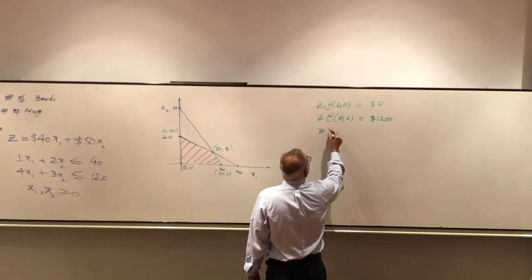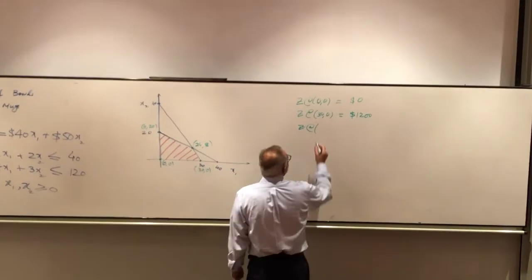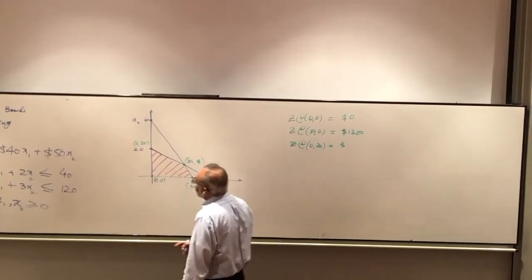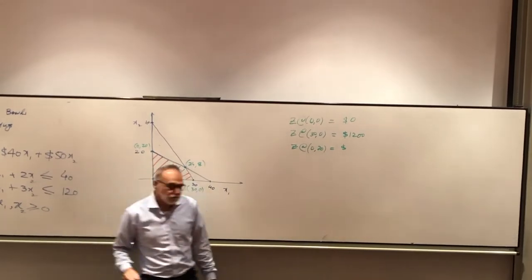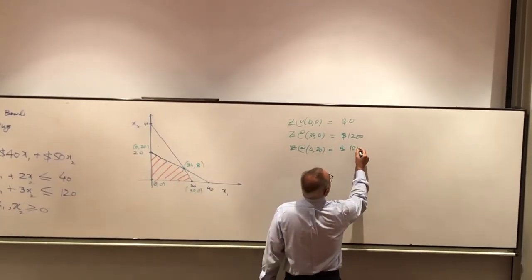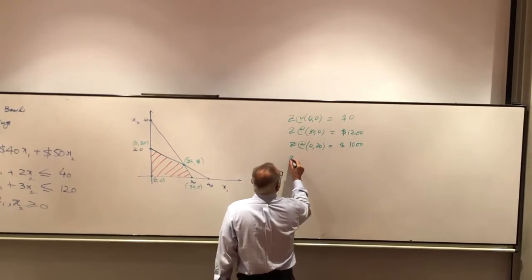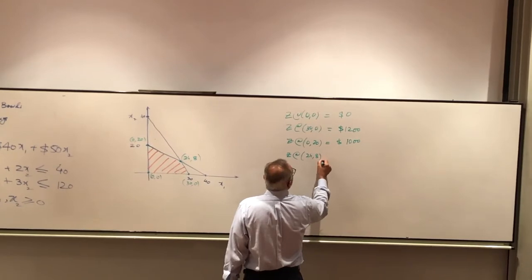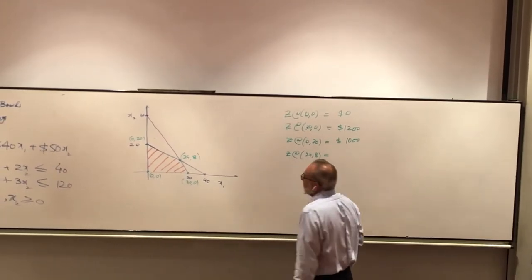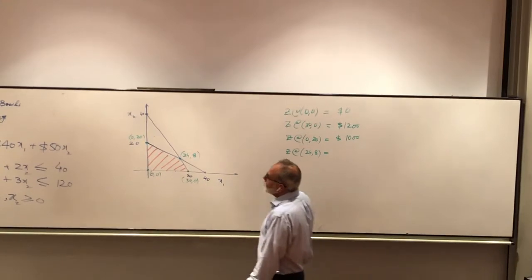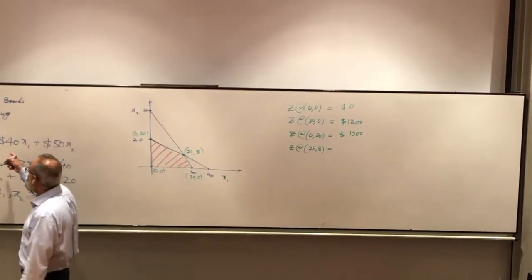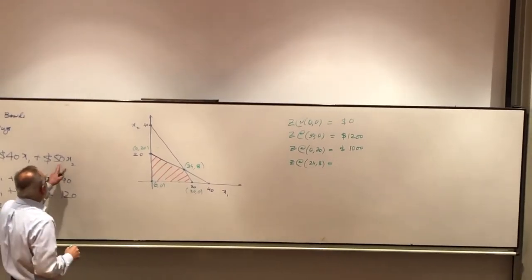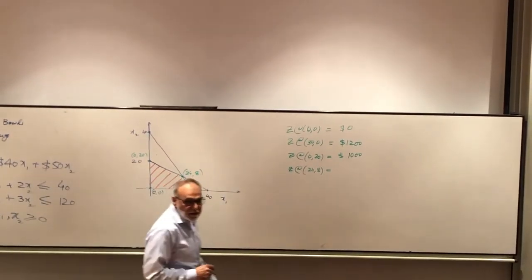And Z at 0, 20. 20 multiplied by 50 is 1000. And Z at 24 and 8. 24 multiplied by 40 is 960. And 8 is 400. So this is 1360.